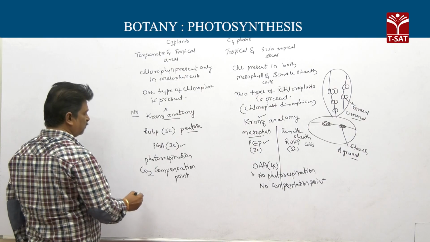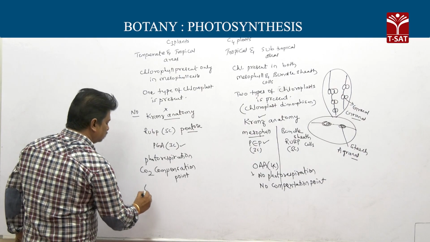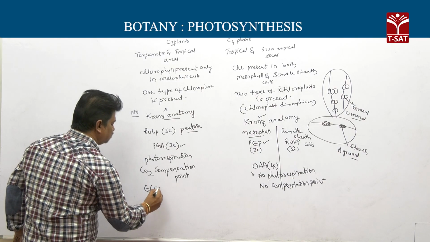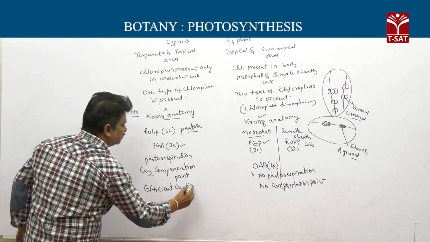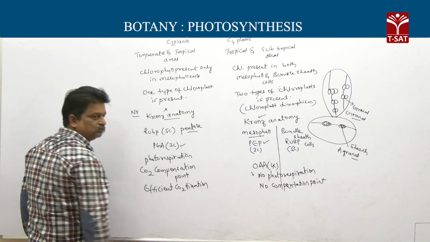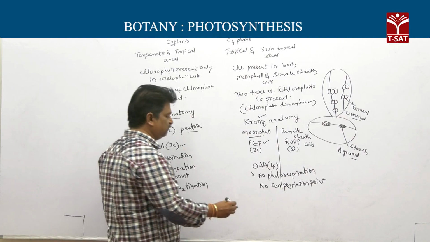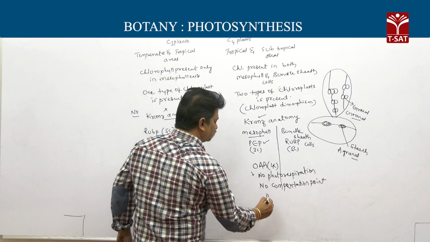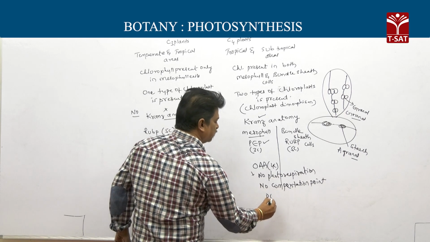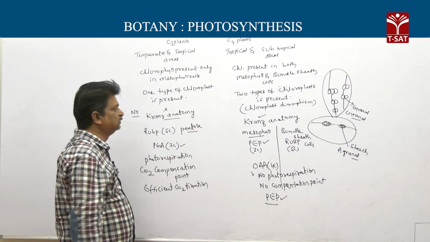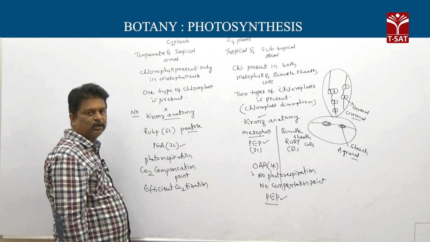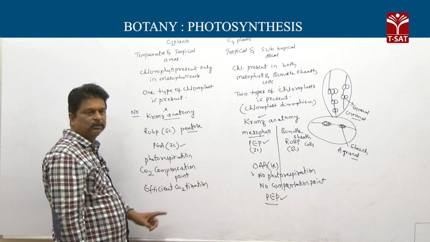And C3 plants do not show efficient carbon dioxide fixation. Then C4 plants, they show efficient carbon dioxide fixation, because in C4 plants that efficient carbon dioxide fixator is present.